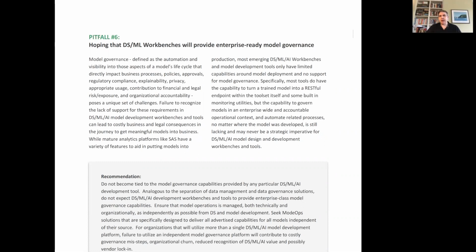Early on, there was a lot of question as to whether the data science and machine learning workbenches would provide enterprise-ready model governance that is appropriate for the federated model ops requirements, being a partner for all those different model creation platforms.